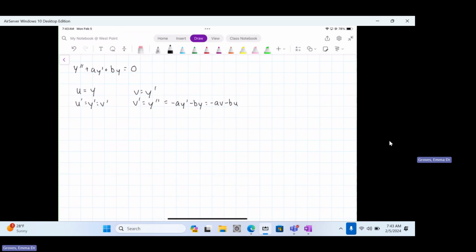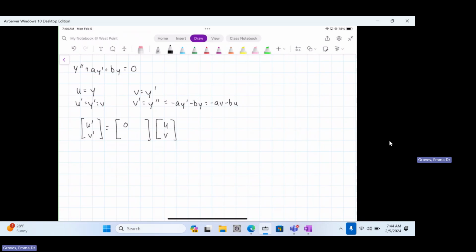Matrix form, exactly. So putting it in matrix form, we had u prime, v prime equals, and then we are going to put our coefficient matrix and then a u and a v. So u prime was just v.